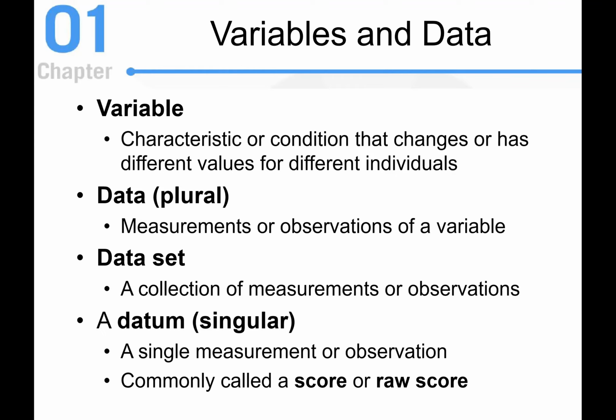Another variable could be race. So you could be Latina, you could be African American, you could be white, you could be Pacific Islander. That is a characteristic that has different values.